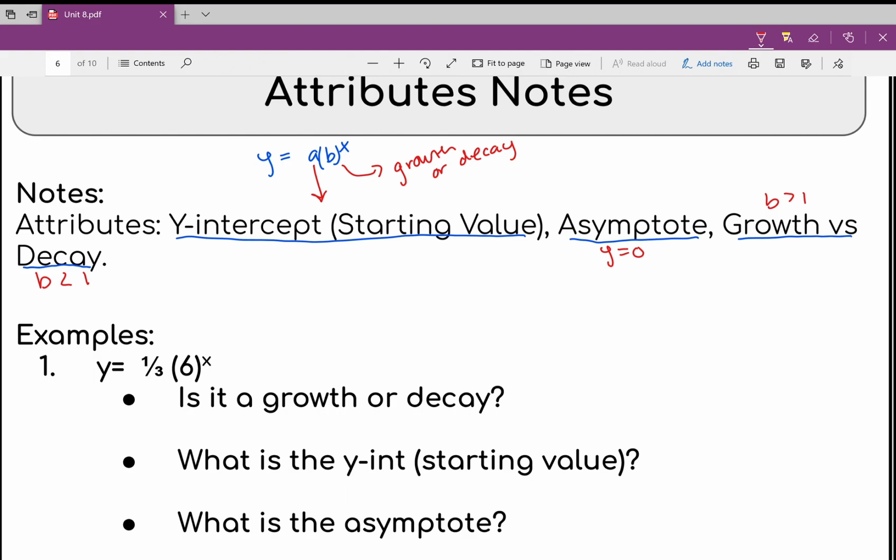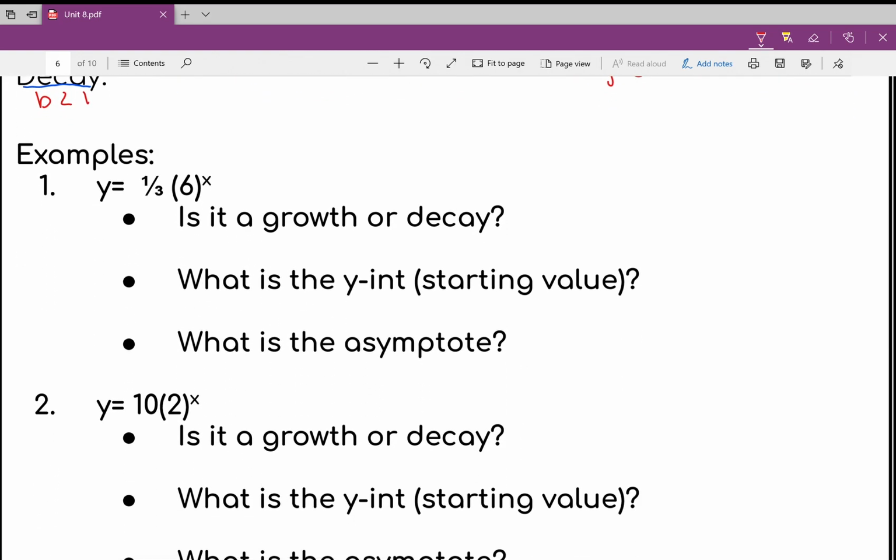Example 1 says y = 1/3 times 6^x. Remember, we have y = ab^x, where a is the y-intercept and b is the growth if b is greater than 1, or the decay if b is less than 1, and x is just that exponent.